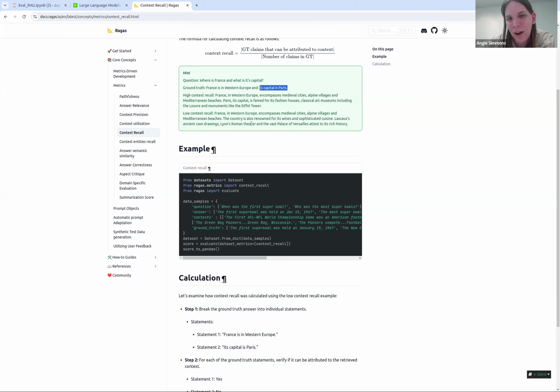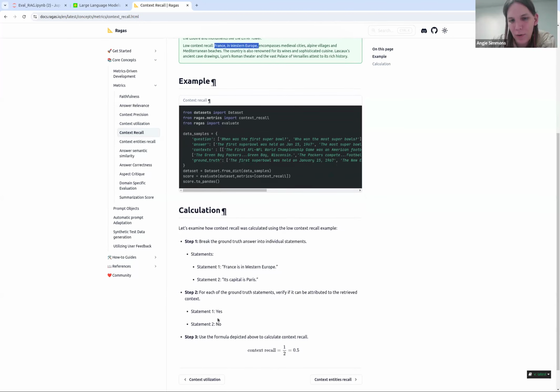And then we check how many of those claims appear in the context. For this low context one, we've got the claim that France is in Western Europe, but nowhere in this example does it mention anything about Paris. So we'd say we've got one out of the two claims, and so it's only 50% recall.